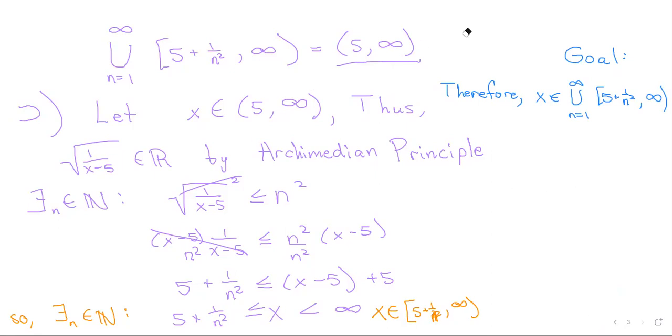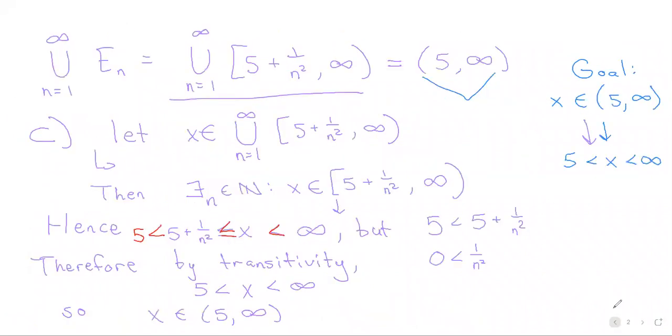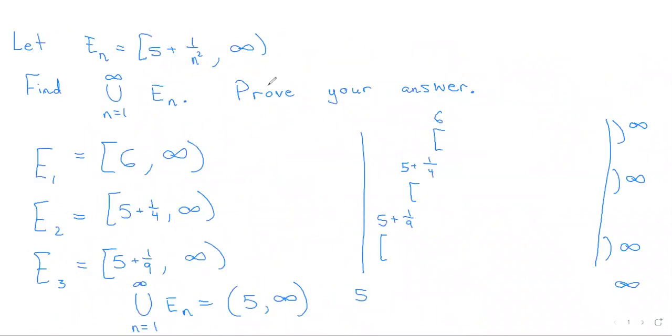And since we proved both ways of the subset, that means, henceforth, the union of b to the n is equal to the interval from 5 to infinity.